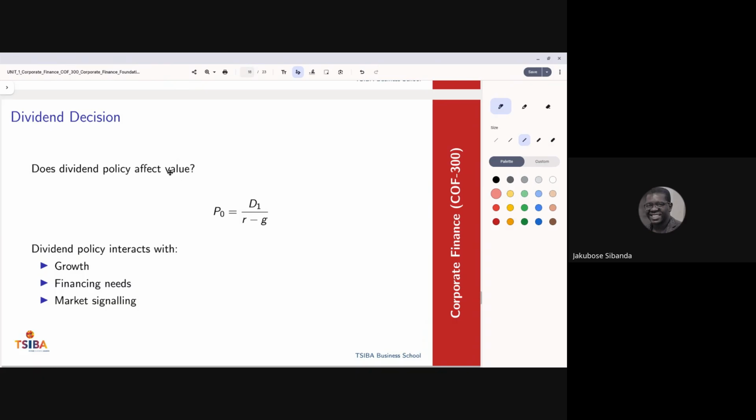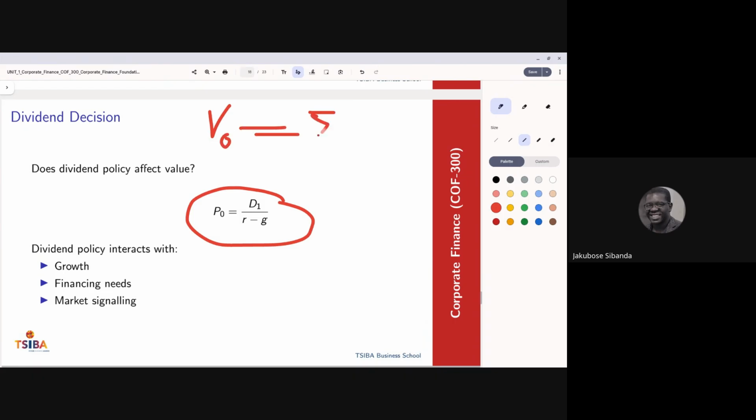Does dividend policy affect the value of a firm? So we've got this formula here. We're going to derive it later on. This formula is called the Gordon Growth Model, and it comes in this form: D1, which is the next dividend, over R minus G. And this is the value.